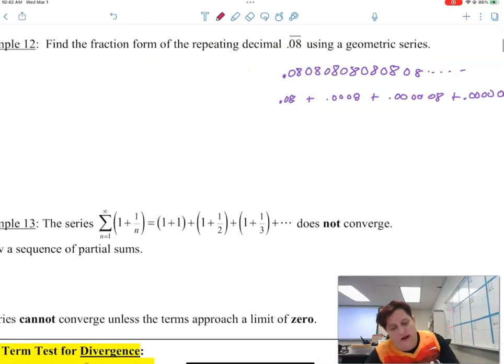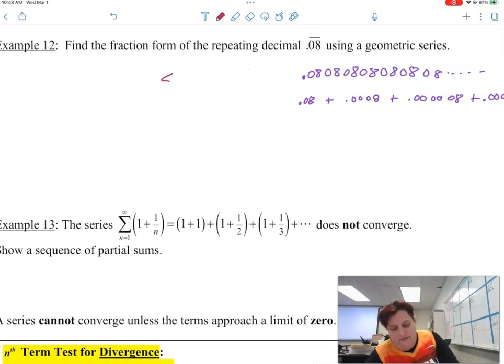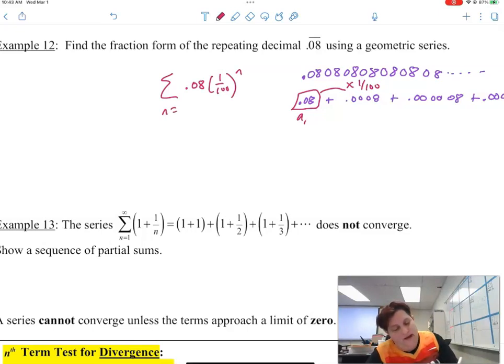I can write this as a repeating series because my first term is 0.08. We call it a1, that's my first term. And I'm multiplying by 1/100th every time. I guess I'll start at 0, so that my first term is 0.08 to infinity. Well, that 1/100th is r.